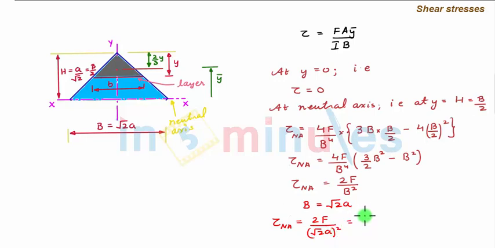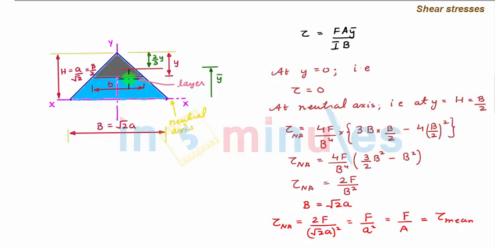Now this is equal to f by a square. Now a square is nothing but the area of this square cross section. So I may write this as f upon A, where capital A is the area of the square cross section. Now we know by definition, f by A is nothing but the mean stress tau mean. So we see that the shear stress at the neutral axis is tau mean.